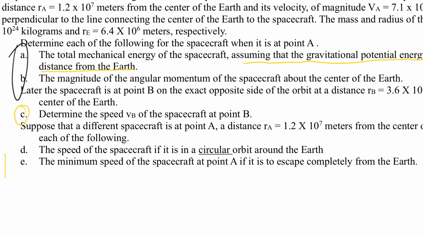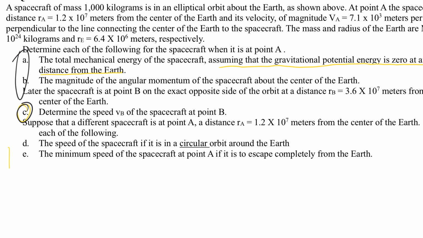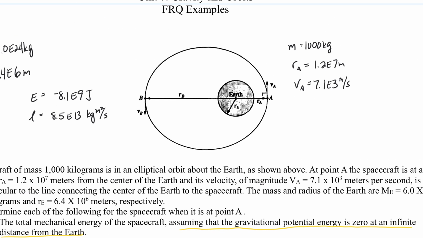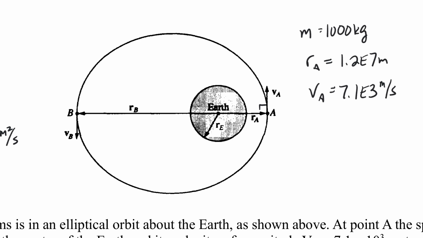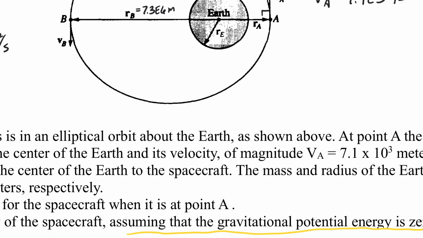So question C is the one I really want you to do, and that's determine the speed of the spacecraft at point B, assuming that point B is 3.6 times 10 to the 7th meters away. So let's see what they're trying to get at here. They're telling you this is 7.3 times 10 to the 7th meters.